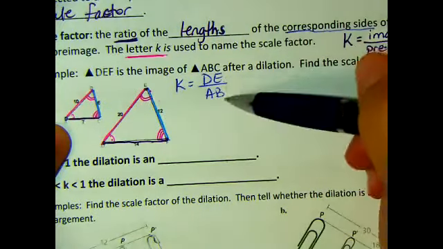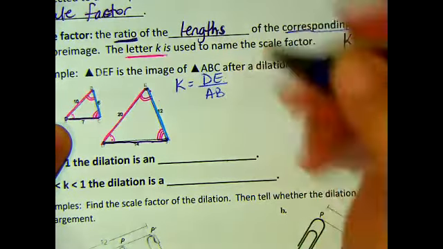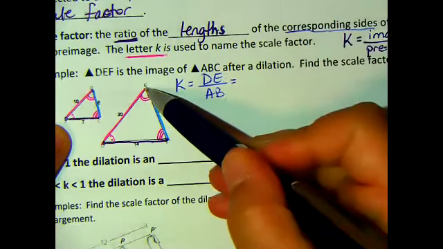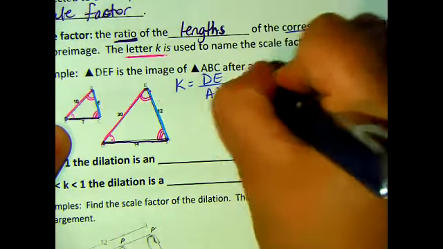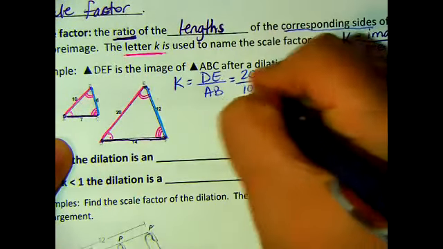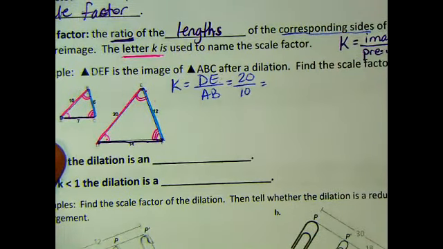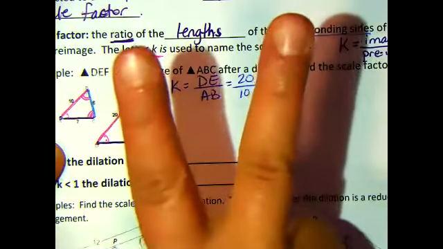These are the two corresponding sides from my image and my pre-image. And then I plug in their lengths. DE is 20 over AB, which is 10. Okay, what's 20 over 10? 2.